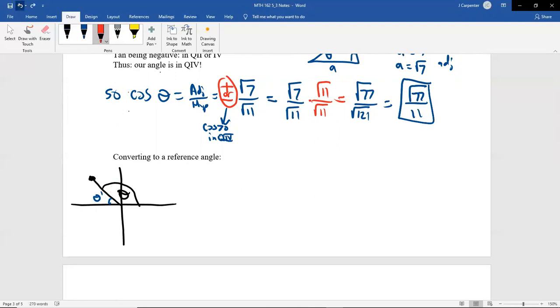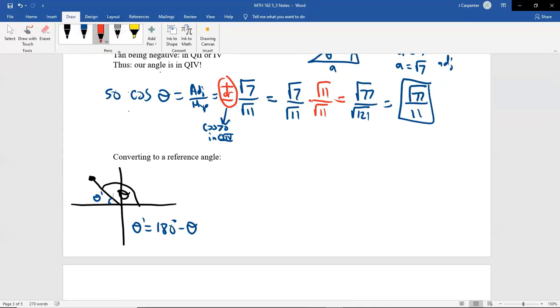So when you're here, you're somewhere between 90 and 180 degrees for your actual angle. Going here, this might be 120 or 135 or 150 or 179. Your reference angle's got to be between 0 and 90. Well, the whole thing would make up 180 degrees. If you cut off the angle, that would give you the remaining bit, which is here. So your reference angle is equal to 180 degrees minus the original angle.